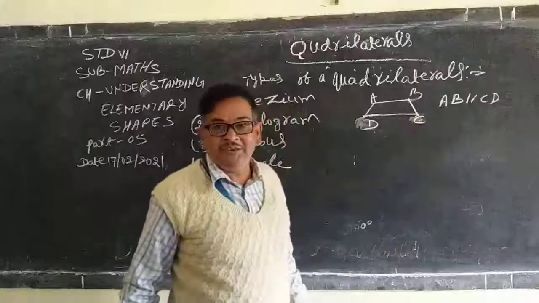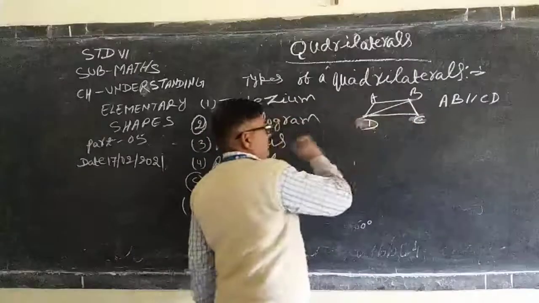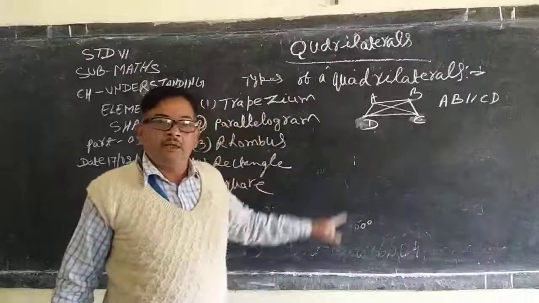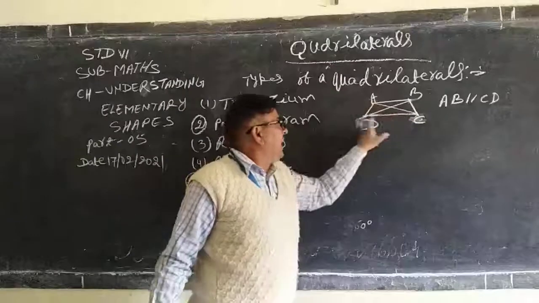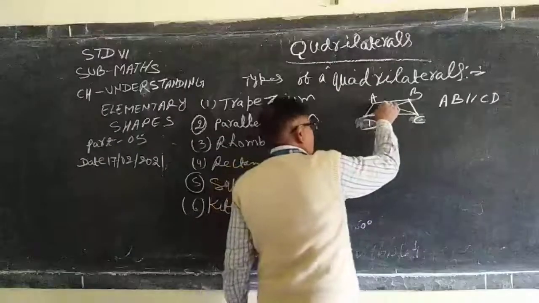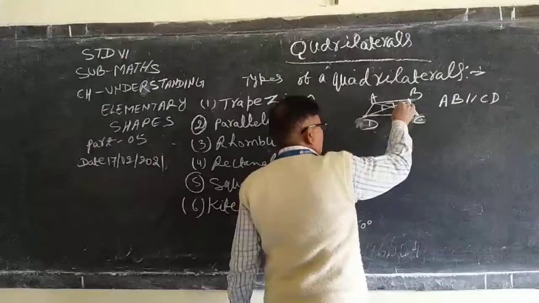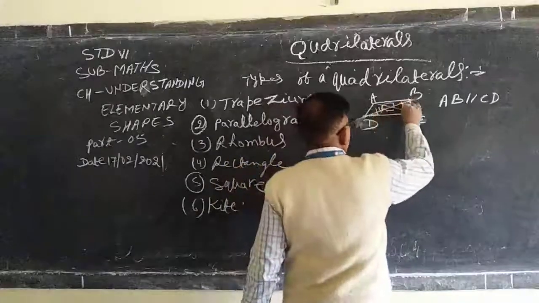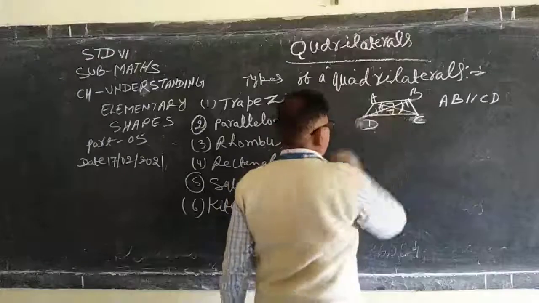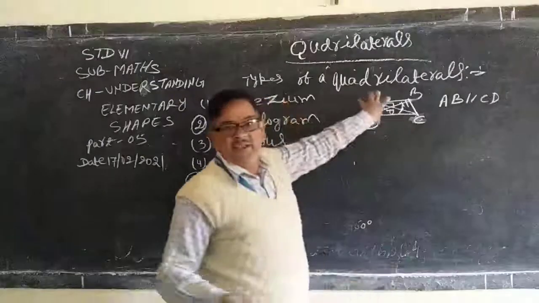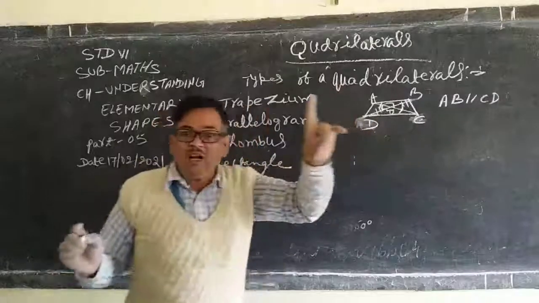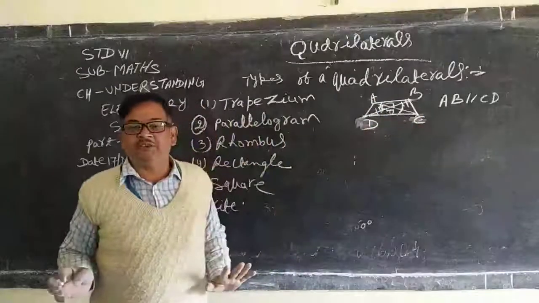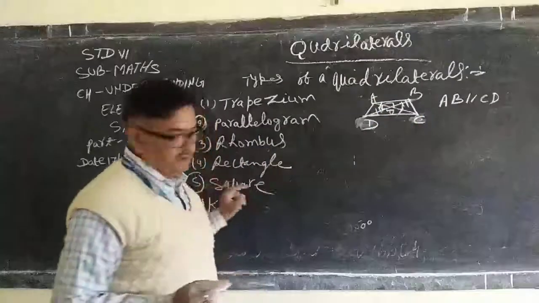The diagonals AC and BD are perpendicular to each other and bisect each other also. So the diagonals AC and BD are perpendicular and bisectors, and it is called a trapezium.